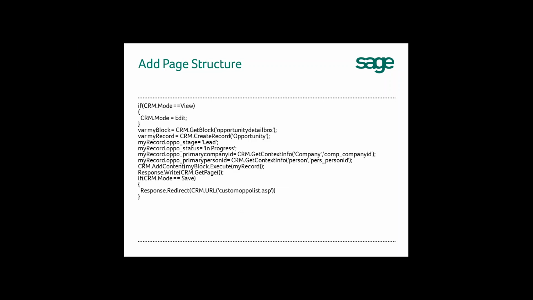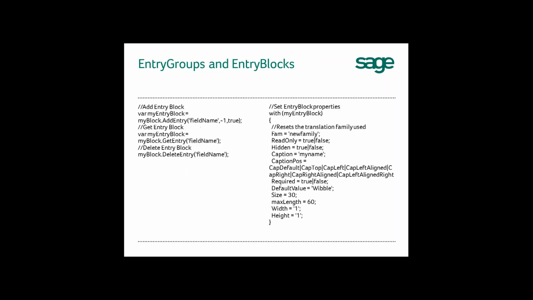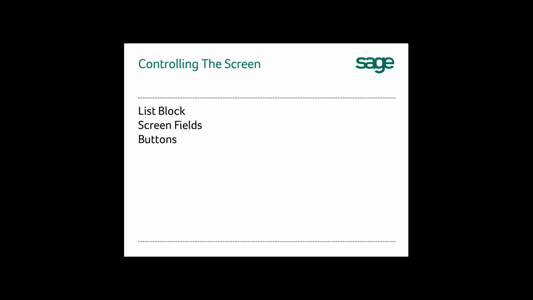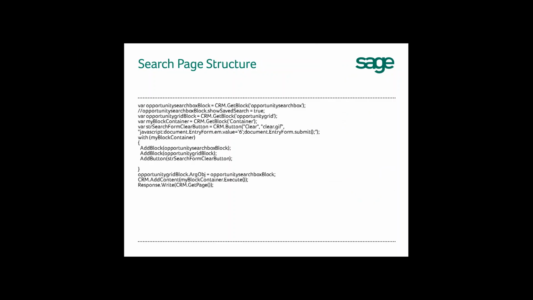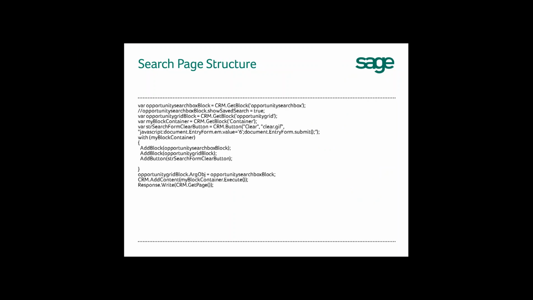We know about the view page structure, and we've started to think about the idea of the insert, update and delete. Now what I want to do, if we looked at the add page, as we've got here, the basic add page structure, is I want to take this now and start to think about other uses of the container to allow us to search for information or filter information.